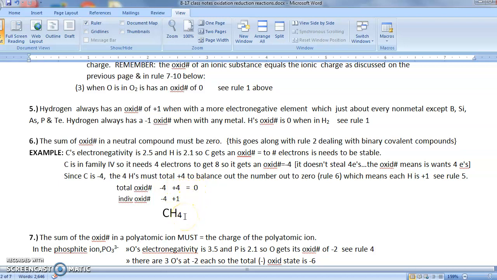We have 4 hydrogens, so the total positive is +4. That means each hydrogen must be +1. +4 divided by 4 is +1. And that's great because we learned in rule 5 that hydrogen is +1 when it's with a more electronegative element, and in this compound it is.